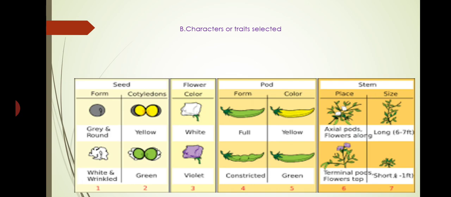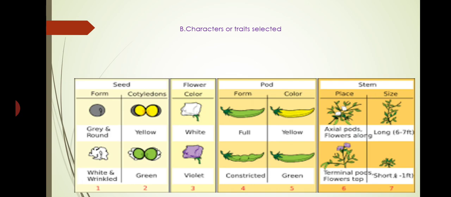The seed has cotyledon color and form of seed. The yellow color of cotyledon is the dominant character, and the green cotyledon color is the recessive character. Then the form of seed: the round shape of seed is dominant, and the wrinkled shape of seed is recessive. Mendel selected these 7 characters, and these 7 characters are alternate to each other, also known as traits.